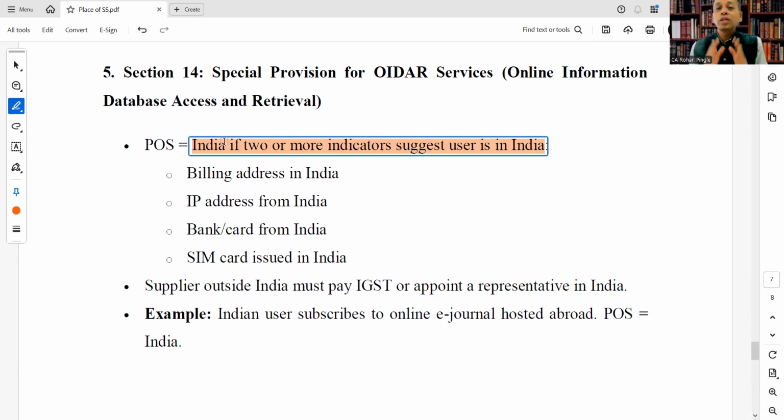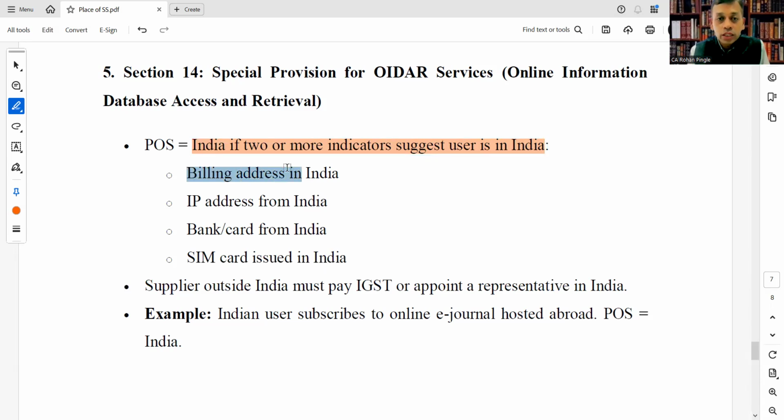It talks about services and not goods, because online information database access and retrieval is a service. So the place of supply is India. Just keep in mind that place of supply will be India if two or more indicators suggest the user is in India. What are the indicators?